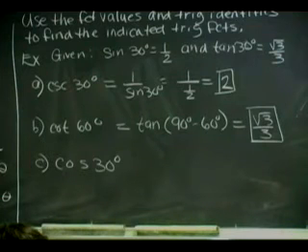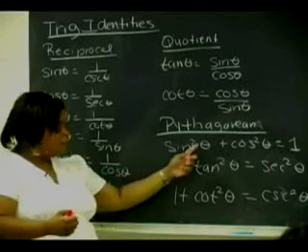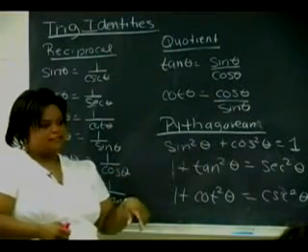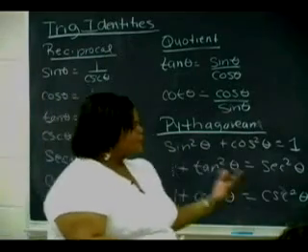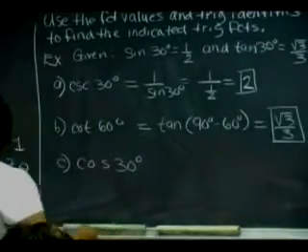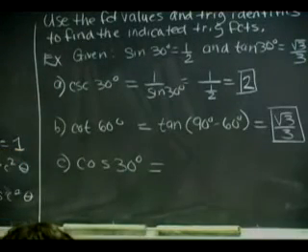What else do I have that would relate sine and cosine? Well, let's look over here. I have something here that relates sine and cosine of the same angle, right? This Pythagorean identity. So, I know that what? Cosine. I can transform this equation to where I have cosine on one side.